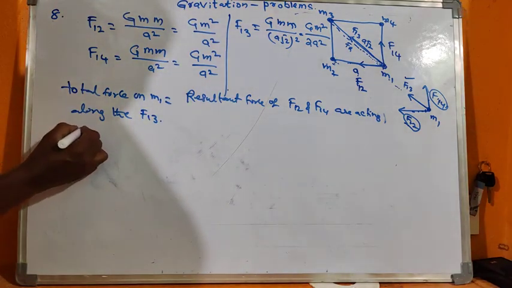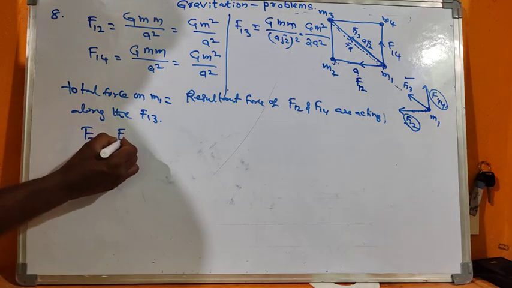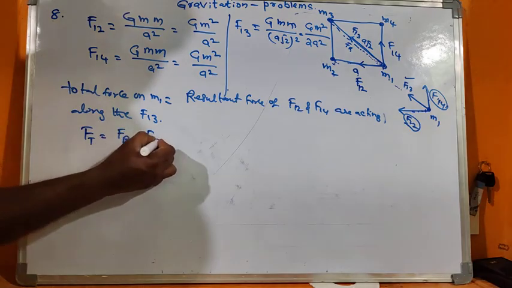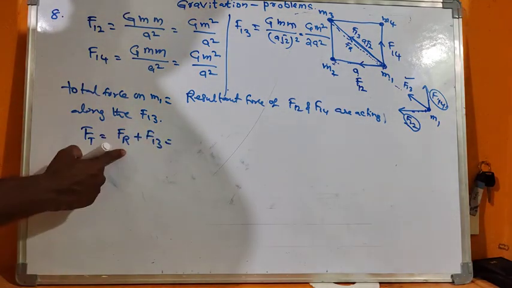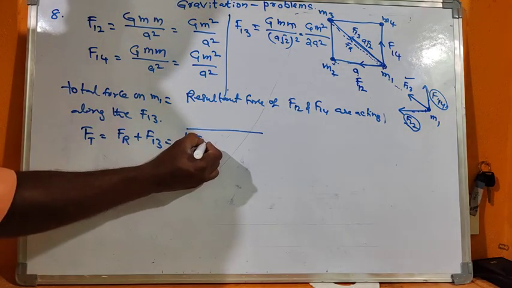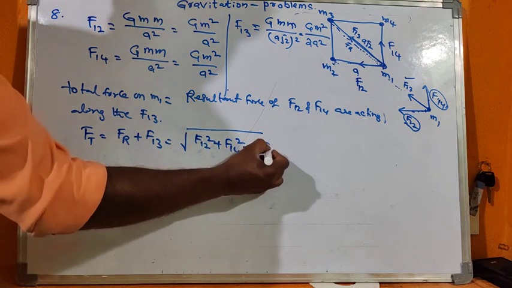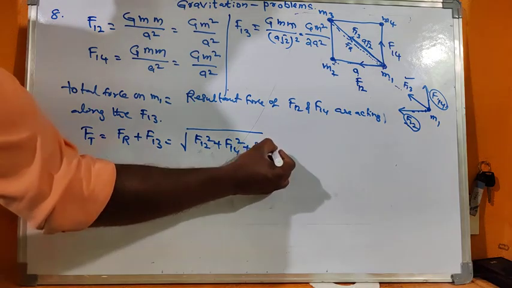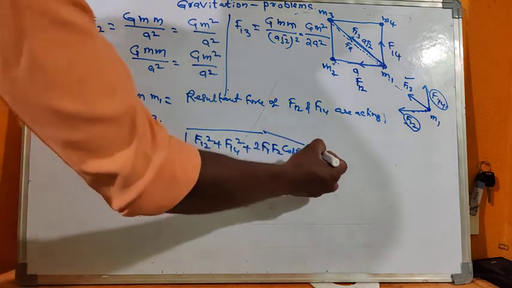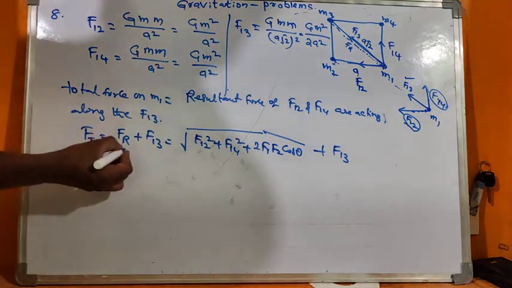So the total force is equal to Fr plus F13. What is Fr here? Fr is equal to the square root of F12 square plus F14 square plus 2 F12 F14 cos theta. Okay, so plus F13. This is the Fr.